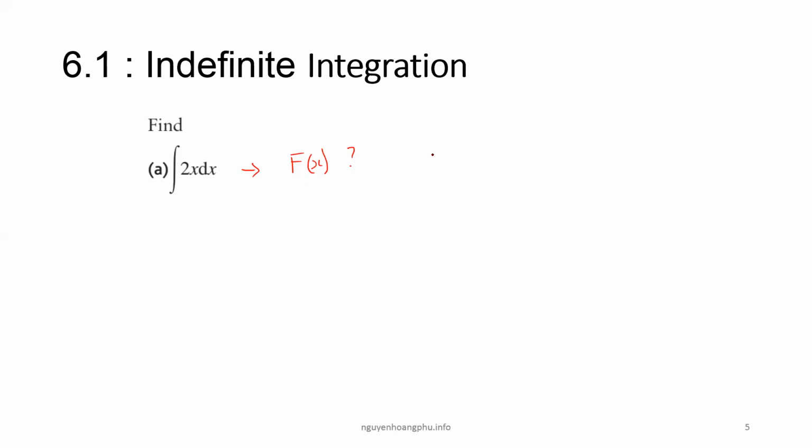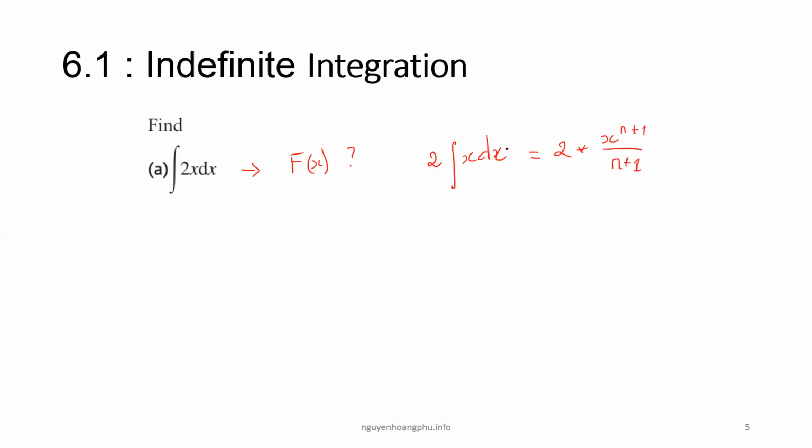So again, you can make it 2 here, x dx here, right? So 2 multiplied with x^n, so it needs to be x^(n+1) divided by n+1.